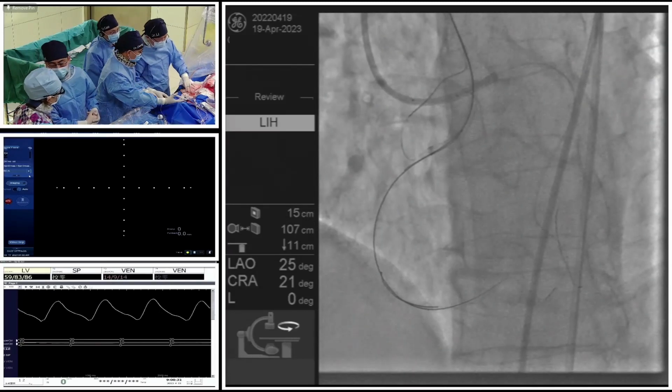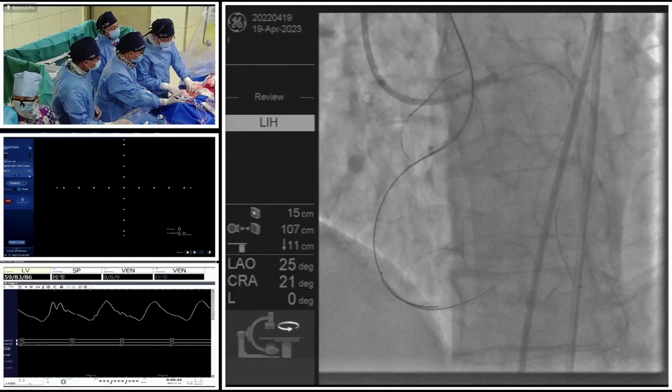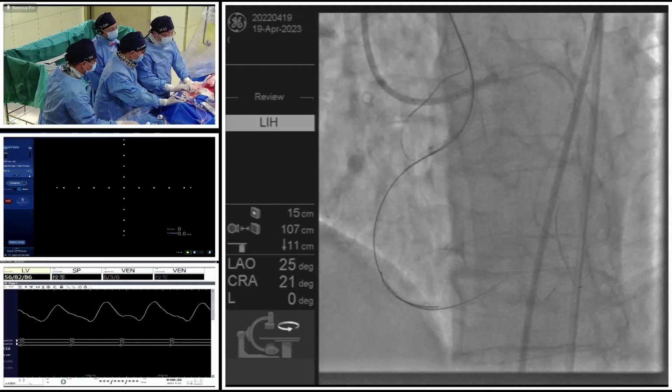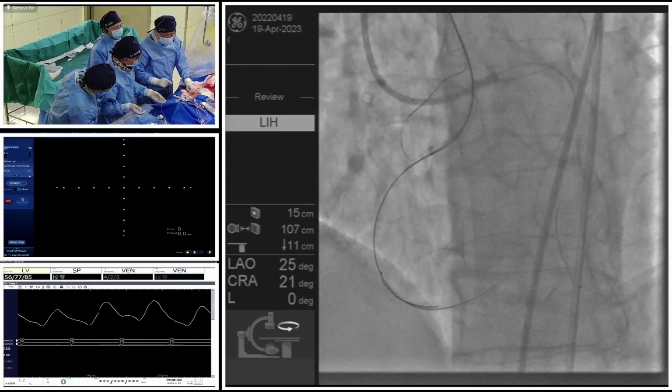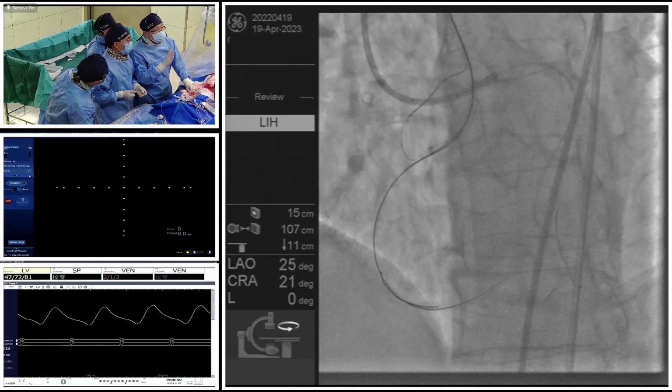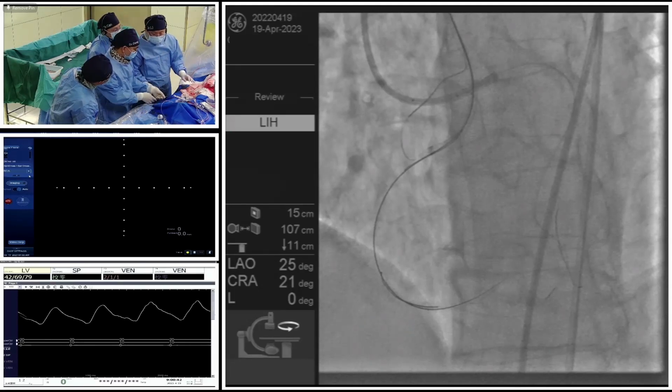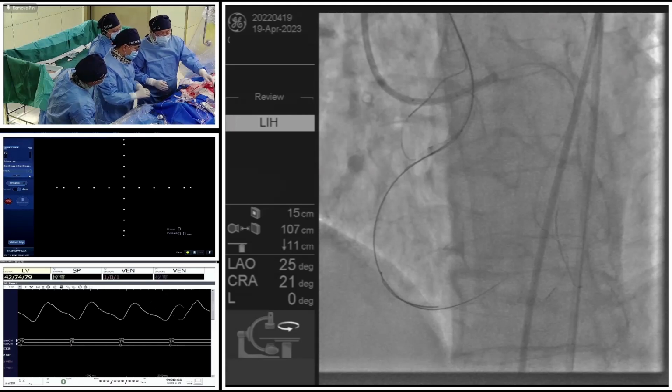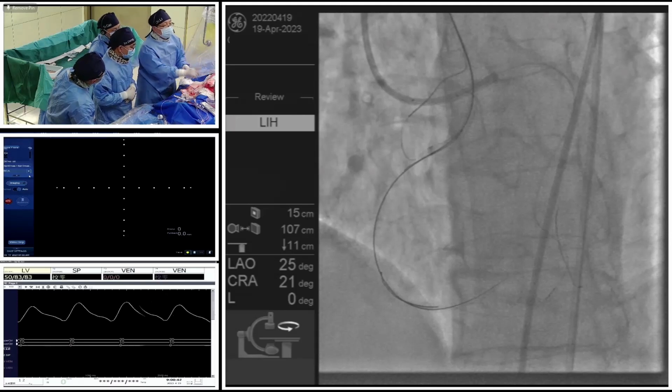Okay. So next, I think we should exchange because it's very stiff. So I think we should use the guiding catheter, short tip left 1.0.